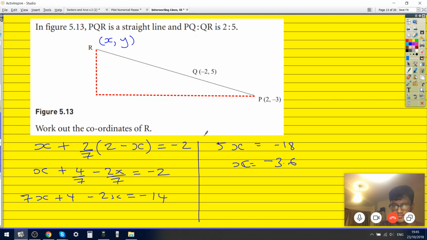So now we need the y coordinate. Okay, so we're given 5, so y plus -3 minus y. y plus 2/7 times -3 minus y equals... What did our last one equal?